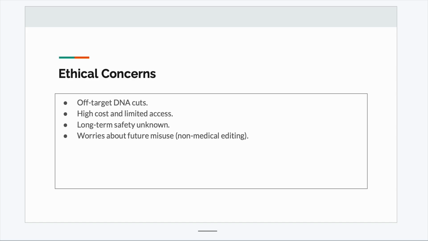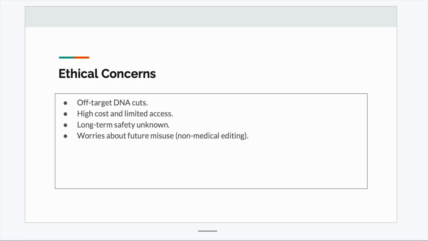Ethical concerns. Even though CRISPR has huge potential, there are ethical concerns. One issue is off-target effects. CRISPR might accidentally edit the wrong part of the genome. Another issue is access. Gene editing treatments can be extremely expensive, which could leave out many communities who need them the most.